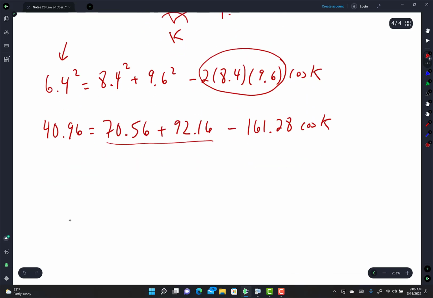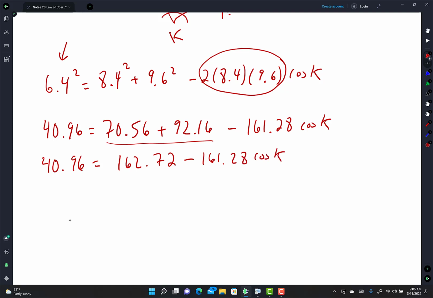Add these two numbers up. Point what? 7.2. The most common mistake is that you guys like to subtract that 161.28. There is a product, guys. Don't do that.